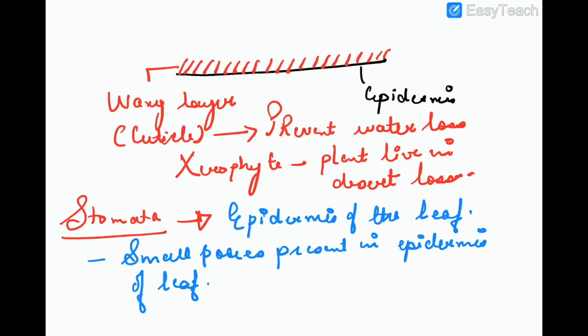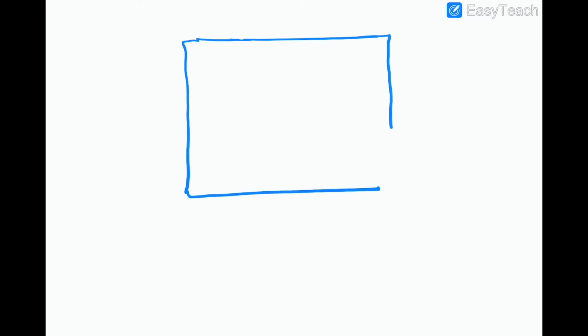Let us draw the structure of stomata and understand it in detail. A stomata is guarded by two cells which are known as guard cells. Here I am drawing the structure of stomata.